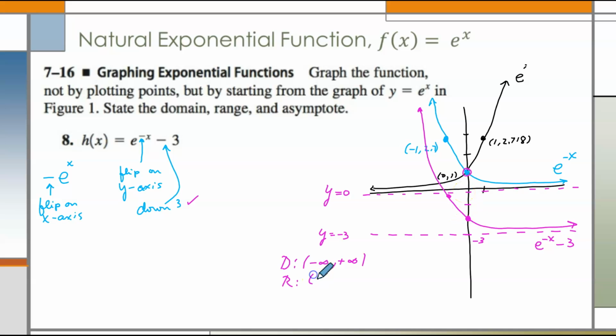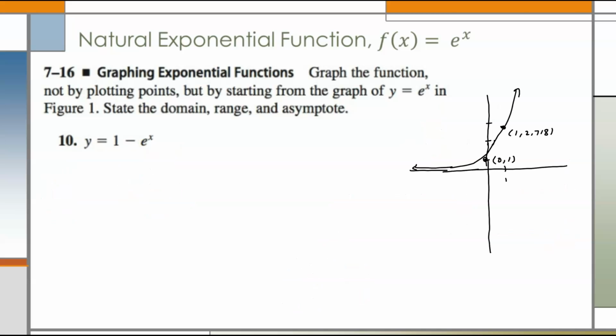So our range would be -3 to positive infinity, and our asymptote is y equals -3. And there we go, just like the section before, only we're working in base 2.718.